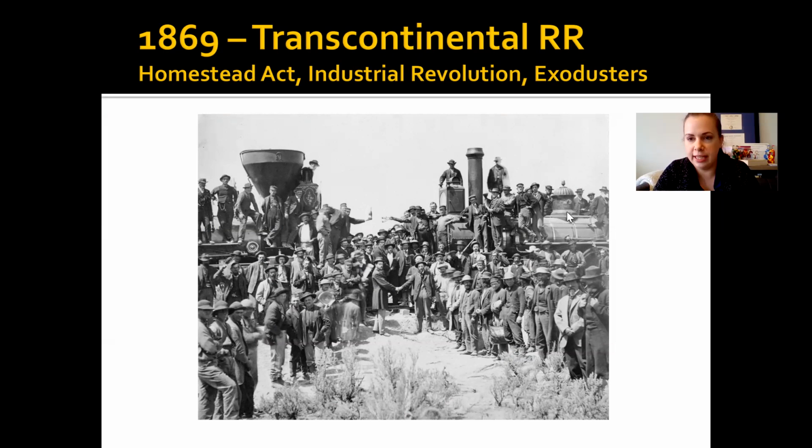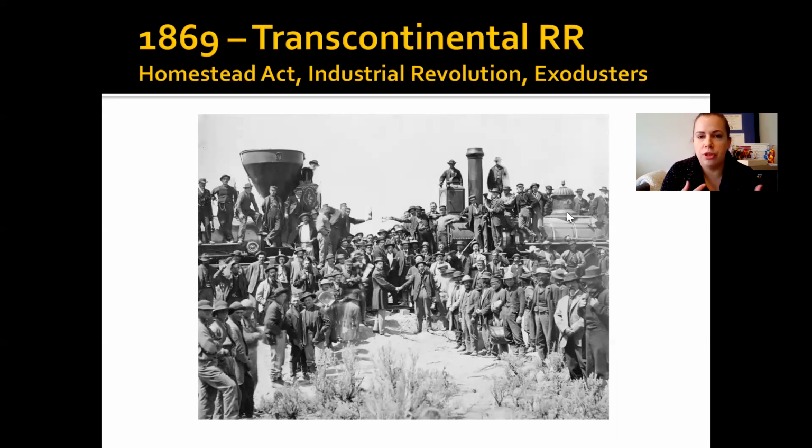So this means you can get on a train in New York City and end up in San Francisco. This is the first time that the entire United States is connected through travel other than just getting on a horse or getting in a wagon and heading west.